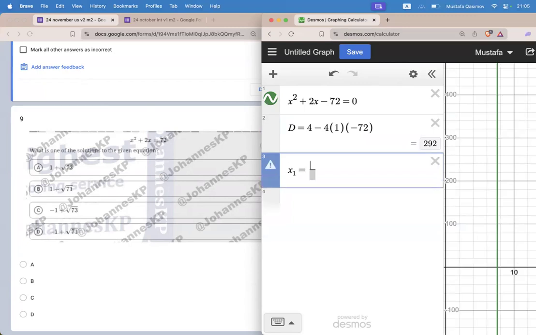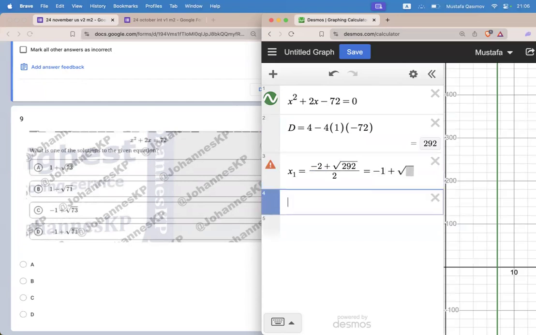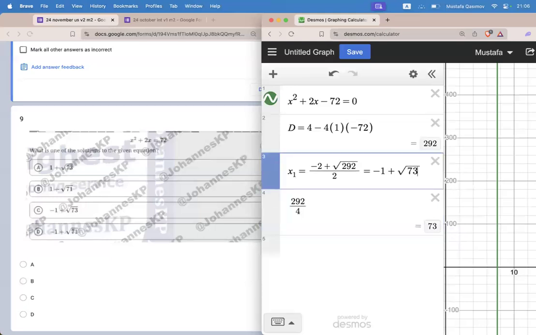Then we can write x is equal to negative b, negative 2 plus square root of 292 over 2a, which is 2. Then it will be equal to negative 1 plus square root of 292 over 4, which is 73. The answer will be C.